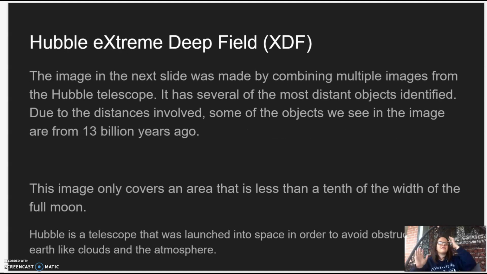Here's something else, a bit of context. The Hubble Extreme Deep Field is an image, which will be in the next slide, that was made by combining multiple images from the Hubble telescope. It shows several of the most distant objects we have identified or seen.